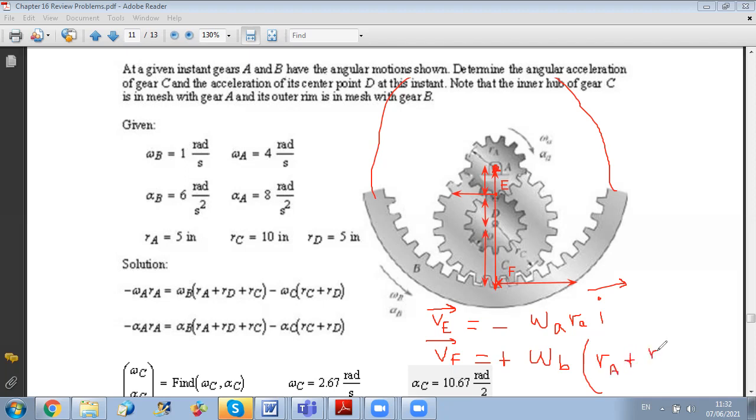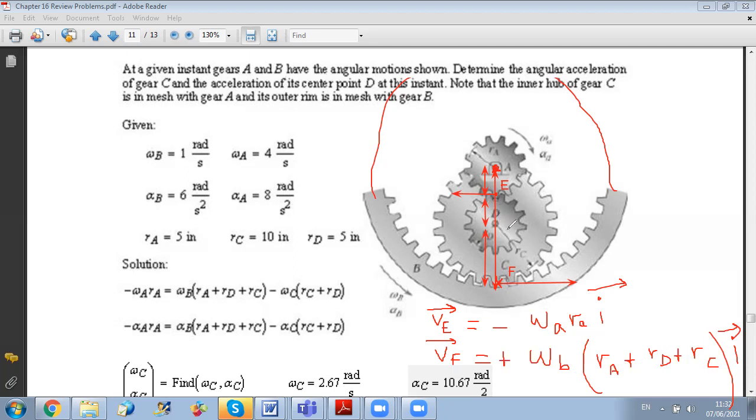Now once I know the characteristic velocity of two points of a rigid body, I can relate these velocities in order to find omega of the rigid body. Both points E and F are part of disk C, and disks C and D are welded together, forming one rigid body.